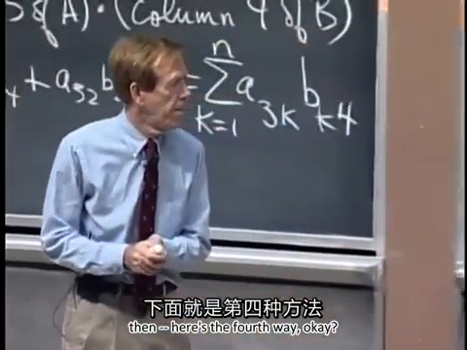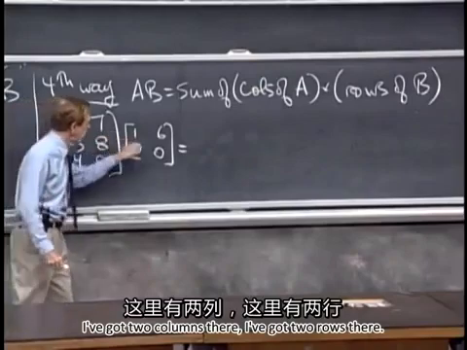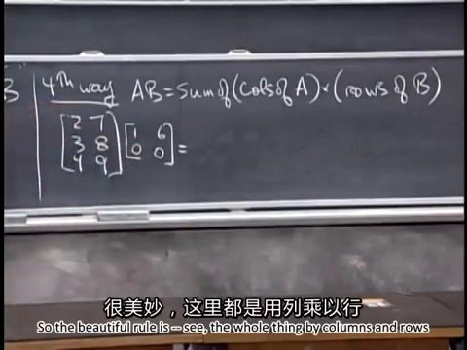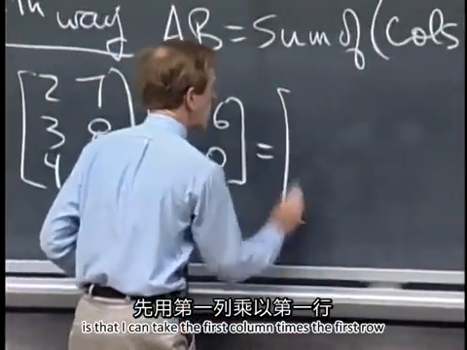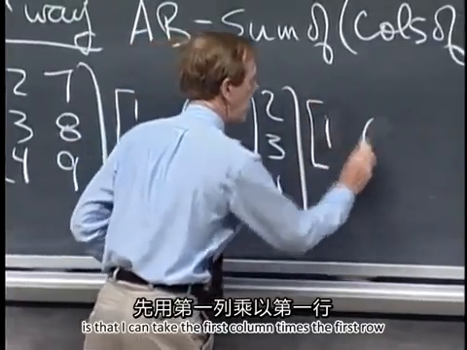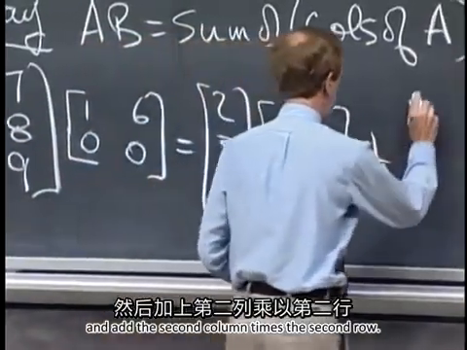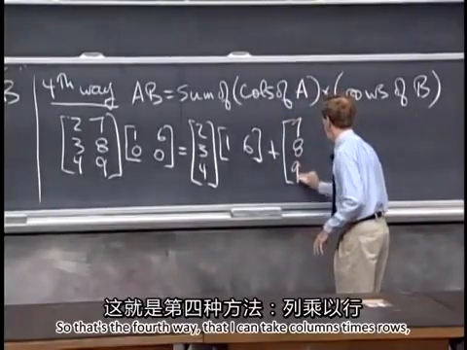here's the fourth way. Okay? I've got 2 columns there, I've got 2 rows there. So the beautiful rule, seeing the whole thing by columns and rows, is that I can take the first column times the first row and add the second column times the second row.